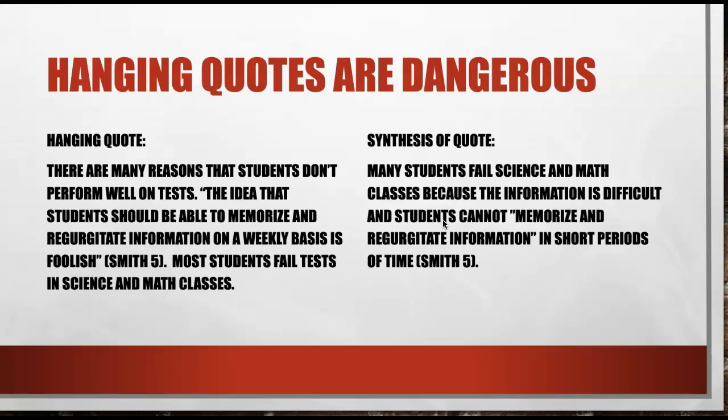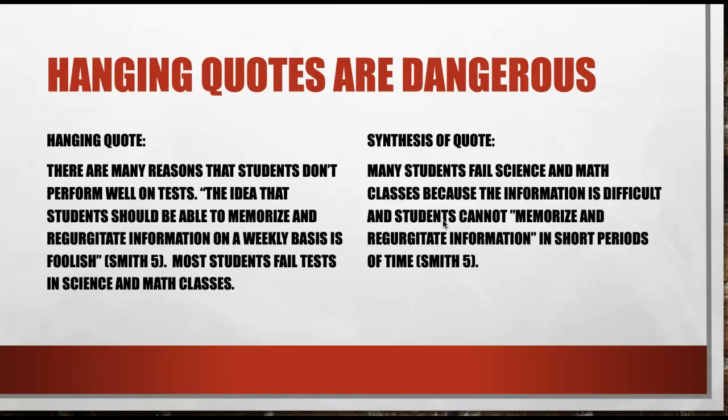And the problem is, here's this idea I've thrown in. I can see that it's in quotations, which means that as a reader, I look at it and go, well, does the author of this paper think this? Or did they just like that quote and they threw it in? I have no idea. So what you want to do is synthesize with your own text. So I changed it up here.